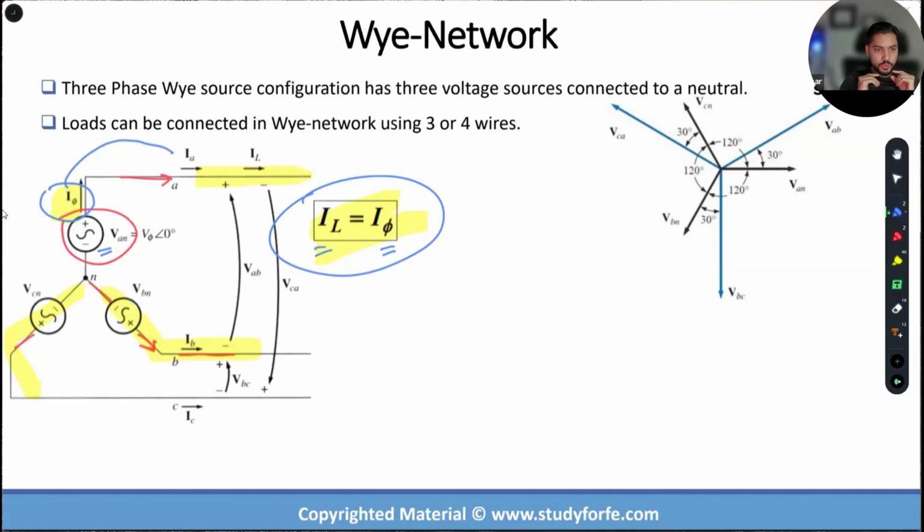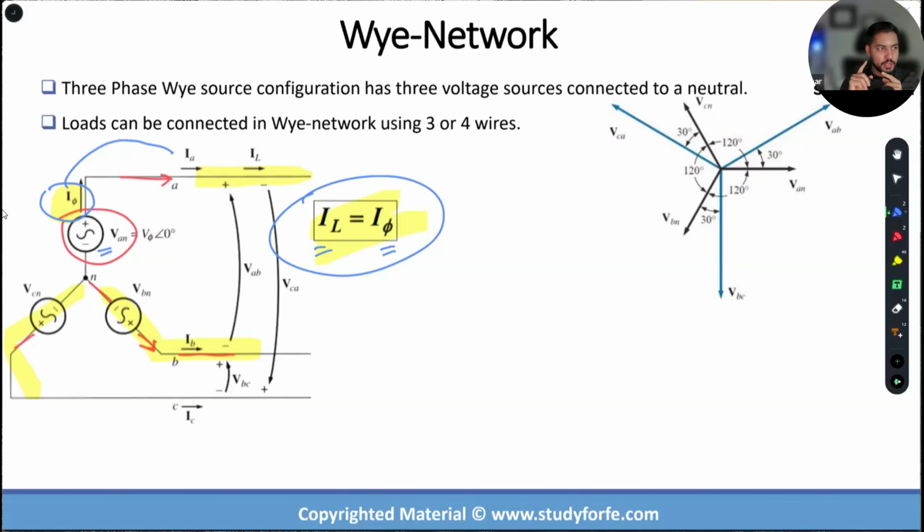I find that students who struggle with square root 3 and 30 degrees never take 10, 15, 20 minutes, 30 minutes, maximum an hour to properly understand the Y network from the circuit setup to its key features and compare it with delta network.